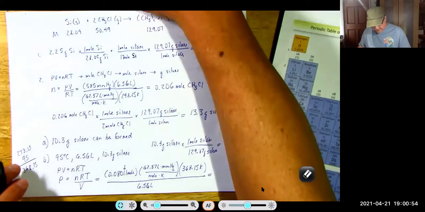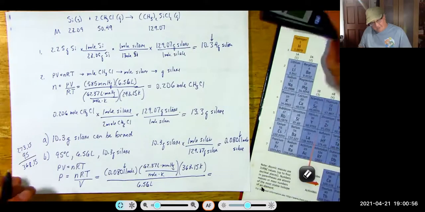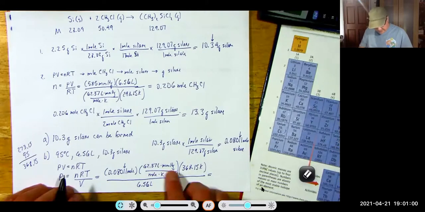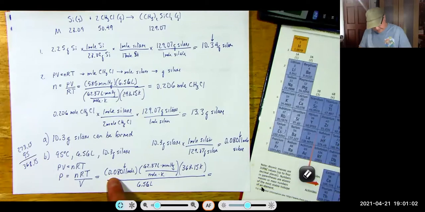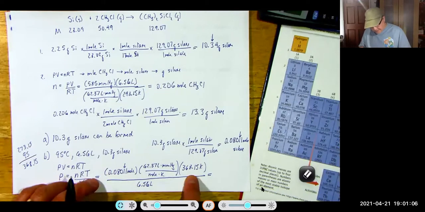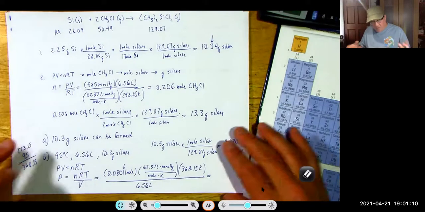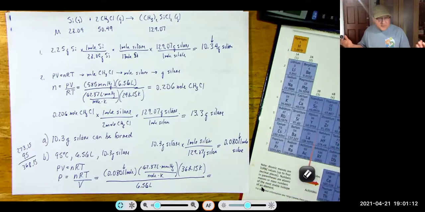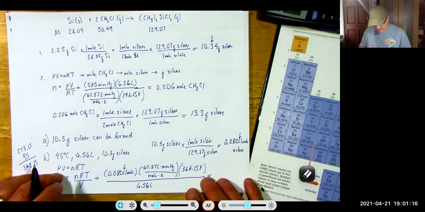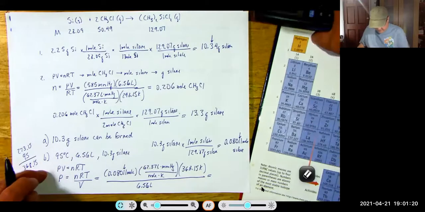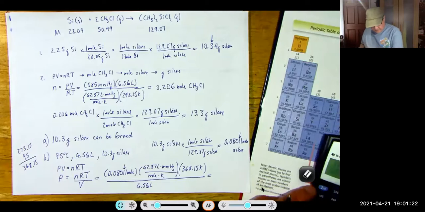So I'm going to estimate this one real quick. 6.56 goes into 62 10 times. 10 times this is 0.8. And 0.8 is almost 1. So 0.8 times 368 is going to be almost 368, but less by about 20%, to be honest with you. So we're going to say that this answer here is going to be about 300. 300 what? Millimeters of mercury.